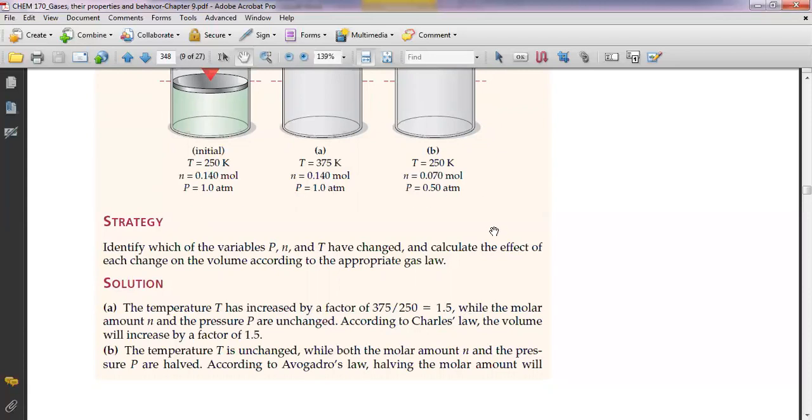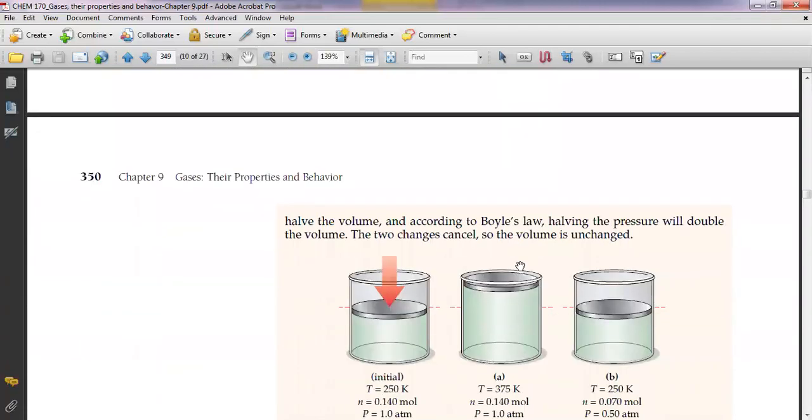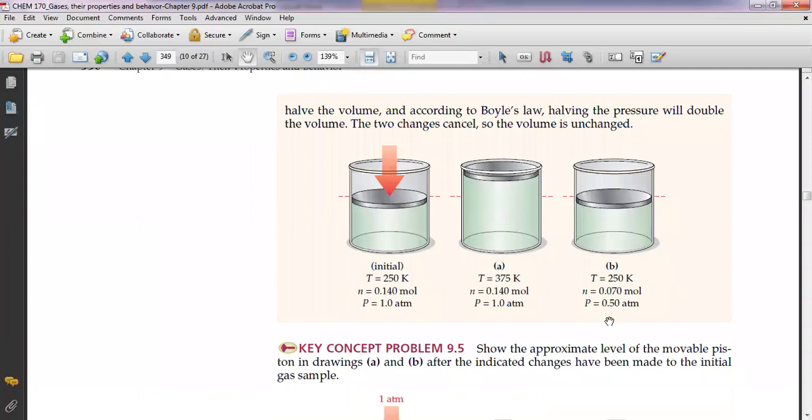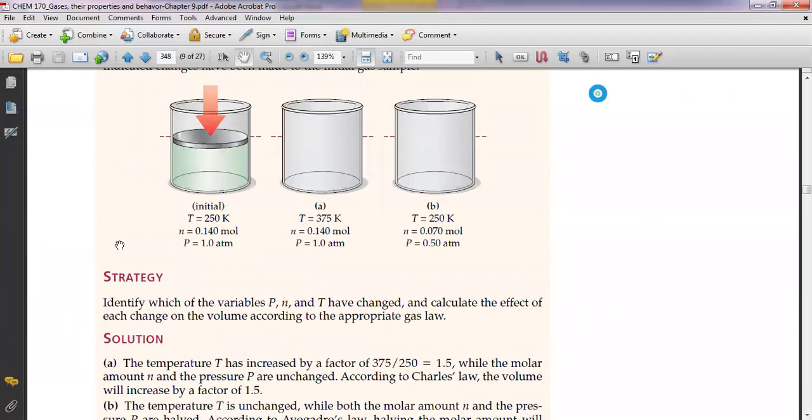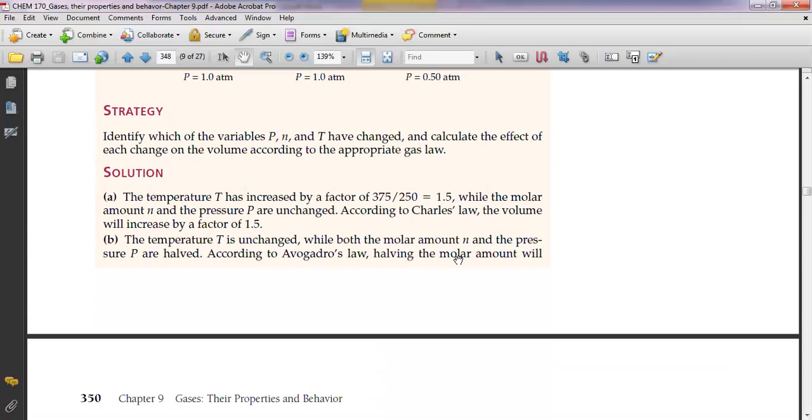So what is the net change in case of B? There is no change, because the volume is going to be half according to the Avogadro law, but double according to Boyle's law.